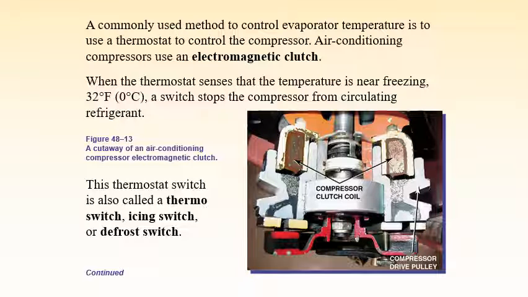Okay, when the thermostat senses that the temperature is near freezing, that is near 0 degrees centigrade, a switch stops the compressor from circulating the refrigerant. So in this way the thermostat can control the operation of the compressor. This thermostat switch is called a thermo switch, icing switch, or defrost switch. Okay, so this is another important controlling device of an air conditioning system.